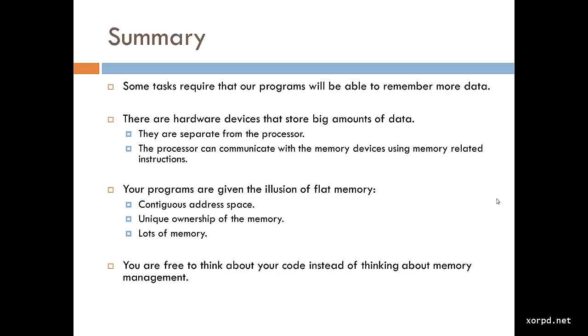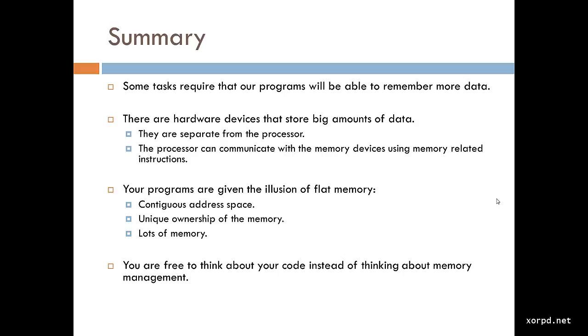Summary of the abstract ideas that we have learned so far. Some tasks require that our programs will be able to remember more data. We've seen it with the first example of sorting numbers in some kind of a large array. There are hardware devices that store big amounts of data, as opposed to the processor, which only has a few registers. These hardware devices are separate from the processor, and the processor can communicate with the memory devices using memory-related instructions.